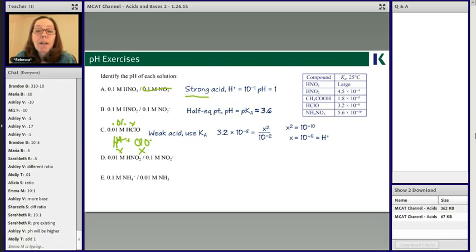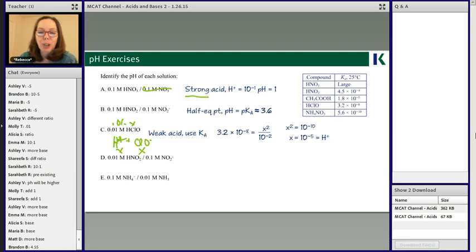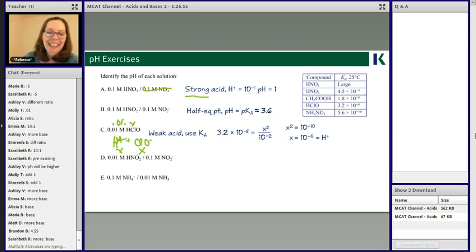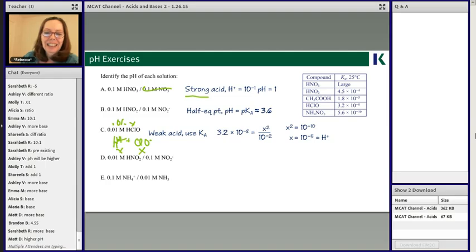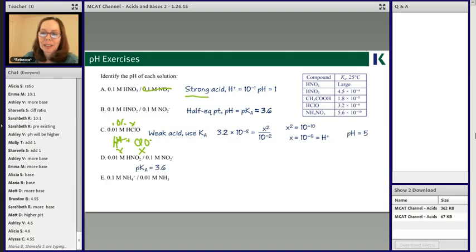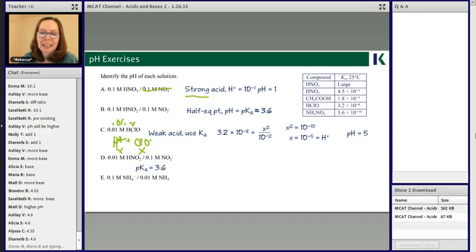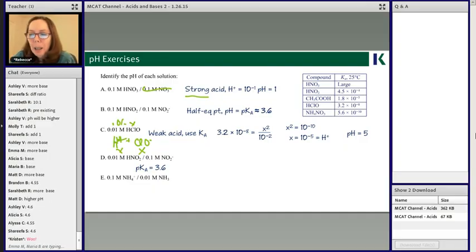Okay, so do we have more acid or do we have more base? Yeah, we have more base, so what's our answer going to be for question D? Yeah, it's going to be around 4.6-ish. Very nice.